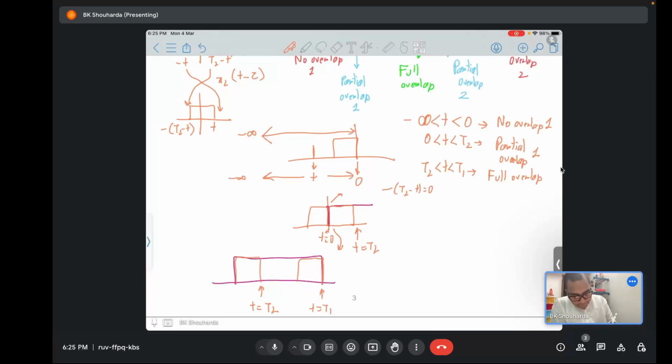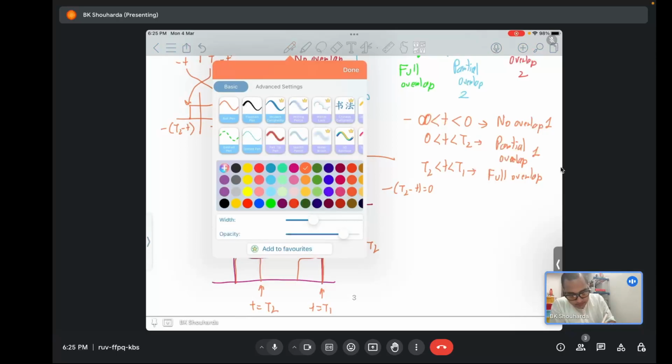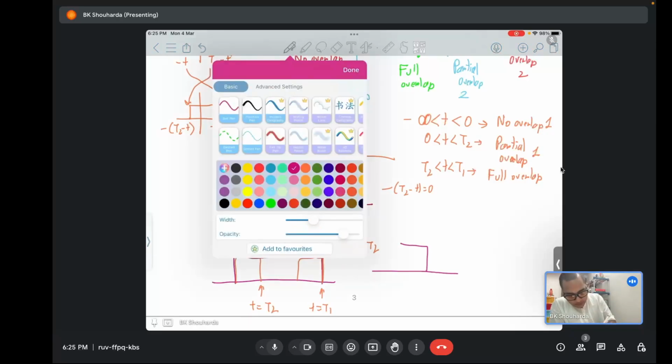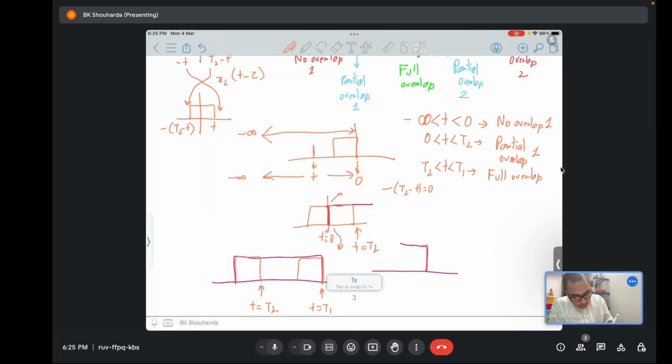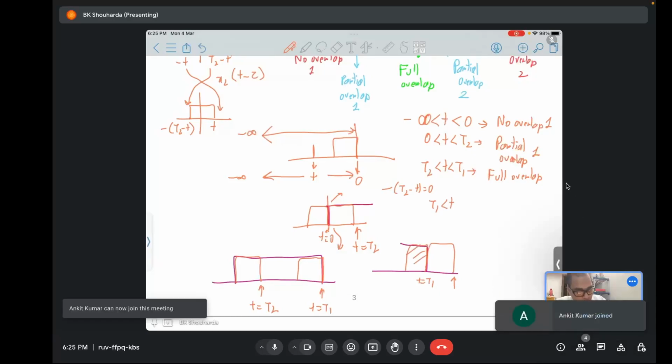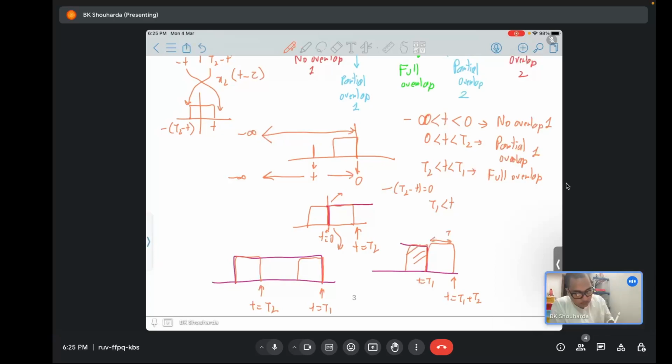Okay. And once again, from where will I have the second partial overlap? It will start from t equal to t1 and it will end here, t equal to t1 plus capital T2, okay, because this is t1 and this width is t2.